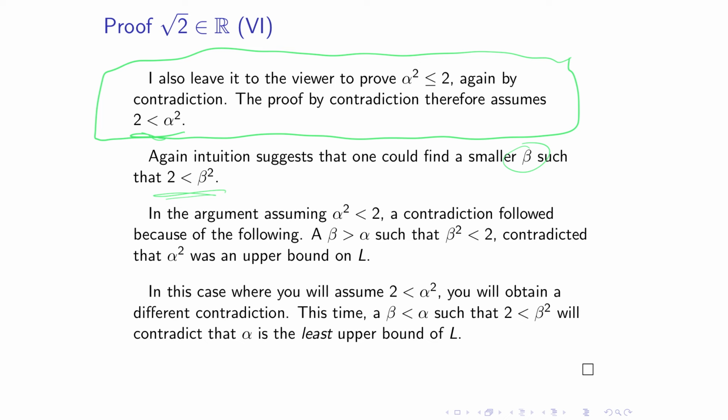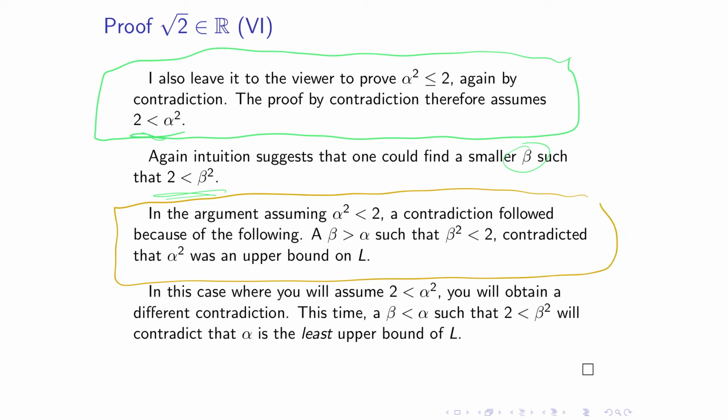Now, there is a little bit of a difference. The contradiction that we reached in the proof by contradiction a minute ago was that we constructed an element which was in the set and also bigger than alpha, meaning that we got a contradiction from alpha not being an upper bound of the set. In this version, on this part of the inequality, that's not going to be the nature of the contradiction.